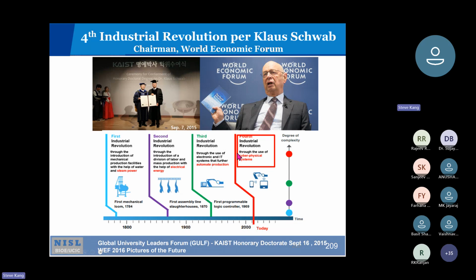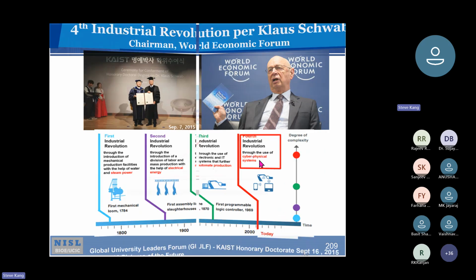And then the fourth industrial revolution, he said, will be really tremendous and will make a huge impact: cyber physical systems, including AI, in fact. If you look at the level of sophistication, the fourth industrial revolution is way, way bigger than the second and third.